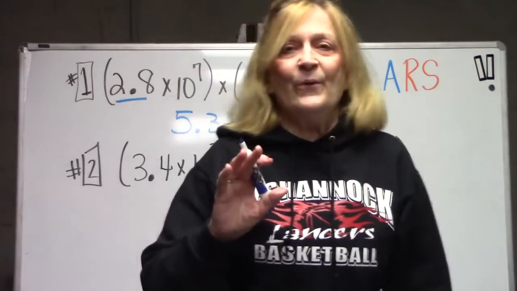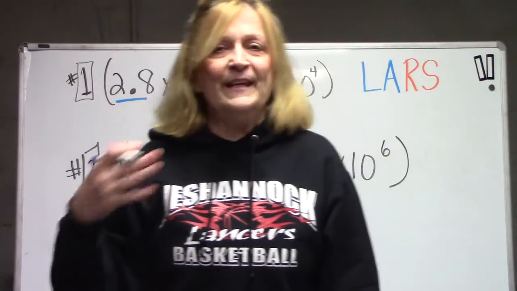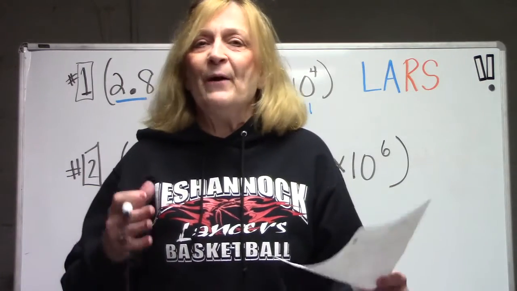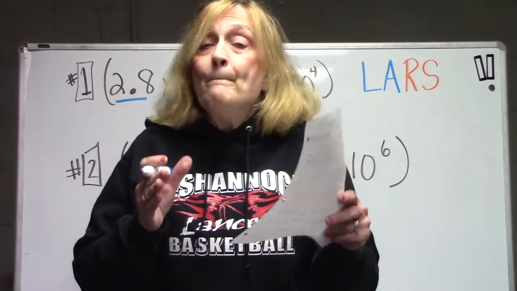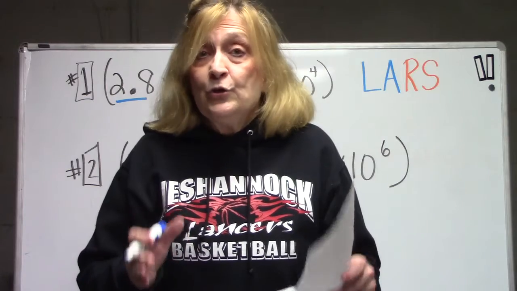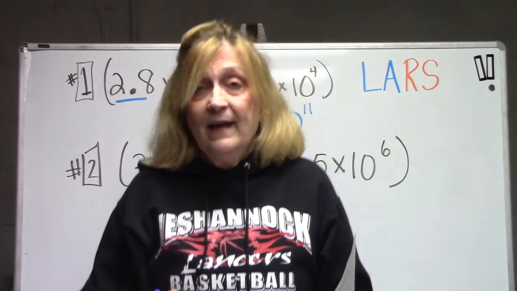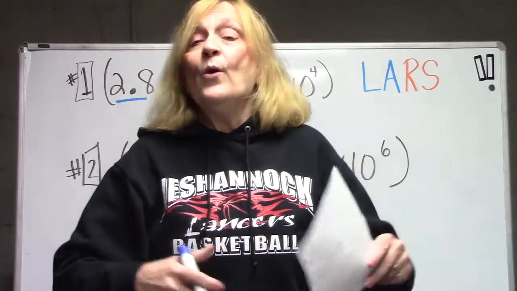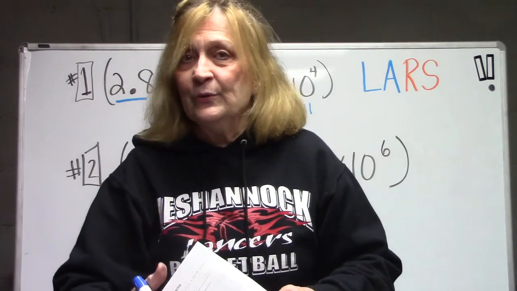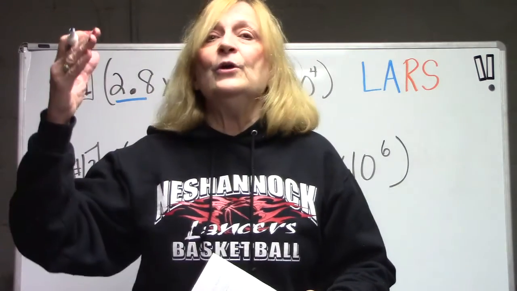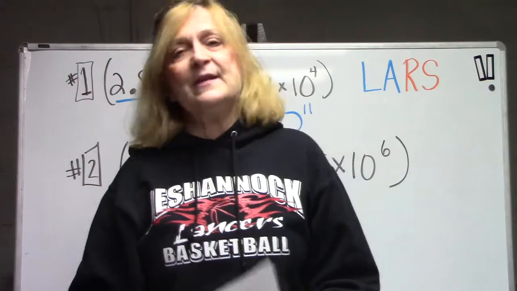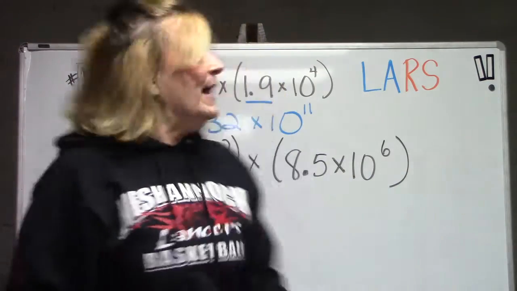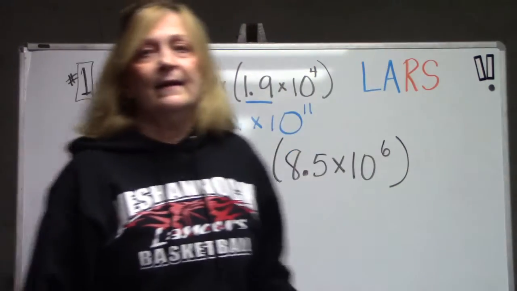Okay, so I know that's confusing because we have all these rules, but remember, when you are multiplying two bases, you add their exponents. When you are dividing two bases, you subtract their exponents. Now remember, the bases have to be the same, and they are base 10, okay?